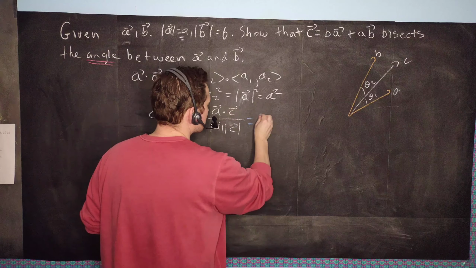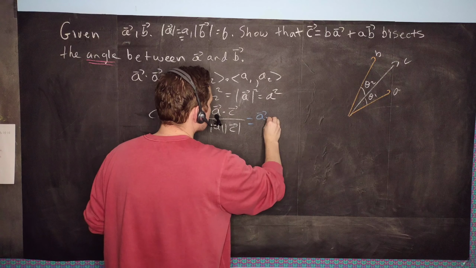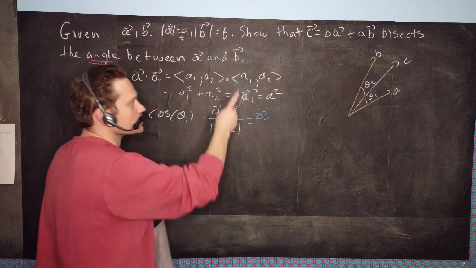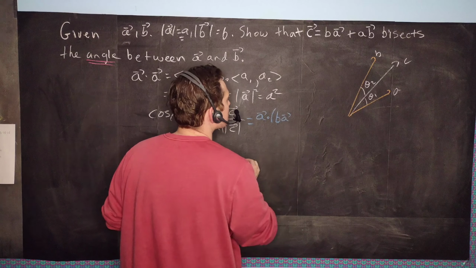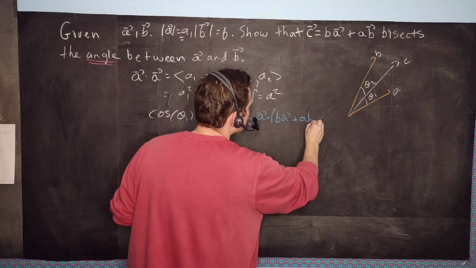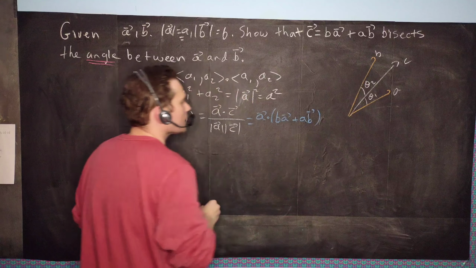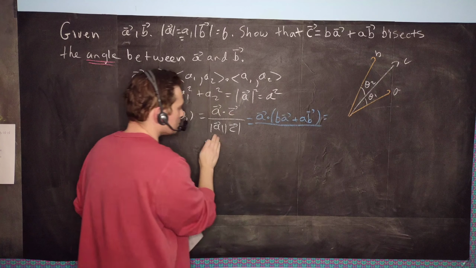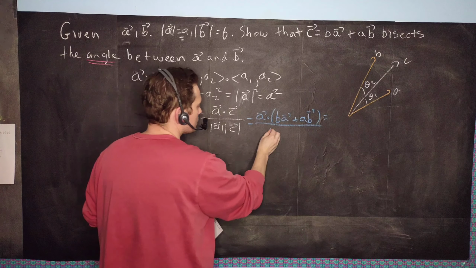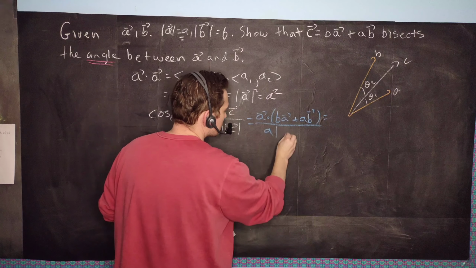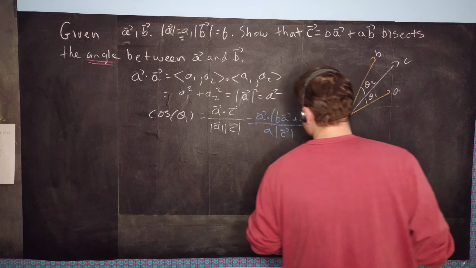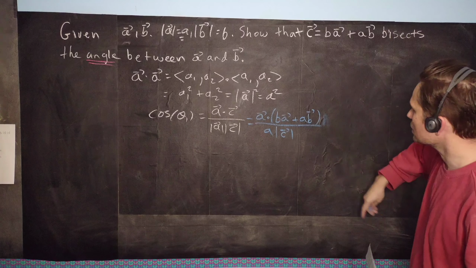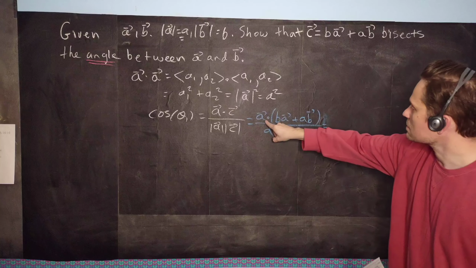Our vector a is just that, correct? And then you're going to dot it with c, but c has a specific form up there that says b a plus a b. And then at the bottom, for the magnitude of a, we can use just a, and that one will stay as just this. Okay, let's work through this expression. Distribute this over.